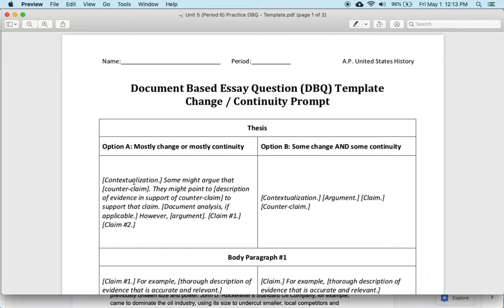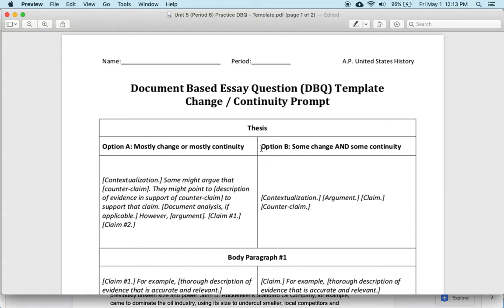So the Gilded Age economy mostly changed things, or the Gilded Age economy mostly kept things the same. If you do option A, then you'll dispense with the counterclaim in the first paragraph, and then explore 2 ways, that's claim 1 and claim 2, that the Gilded Age economy either changed American life or kept things the same.